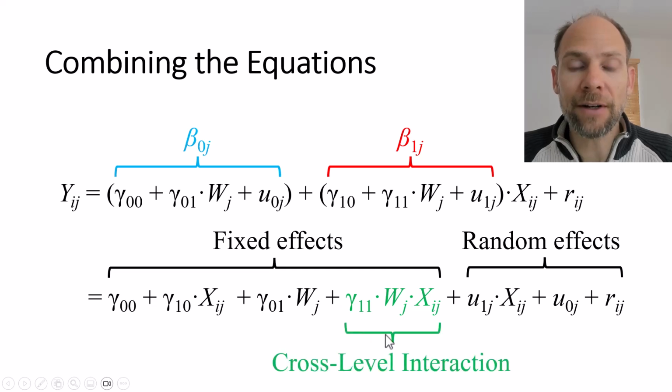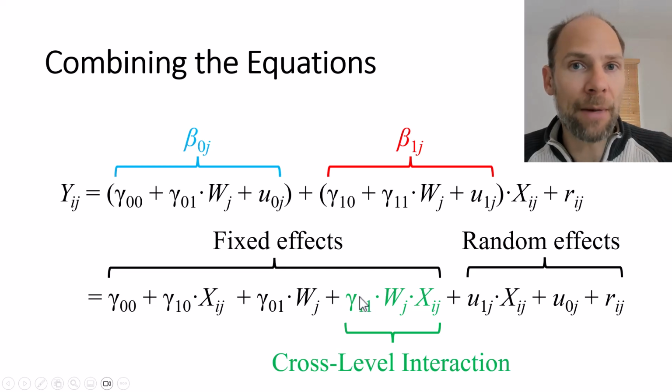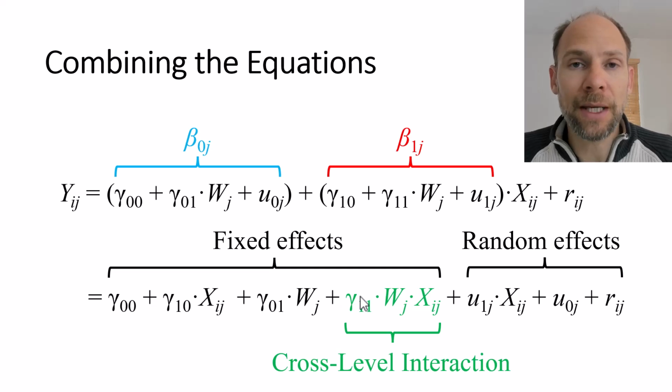We also have an interaction term, highlighted here in green. You can see this is an interaction because it involves the product of Wj times Xij. That's the interaction between our level 1 predictor X and the level 2 predictor W, quantified with the regression coefficient gamma 1,1. So if gamma 1,1 is significantly different from 0, this means that there is a significant cross-level interaction.